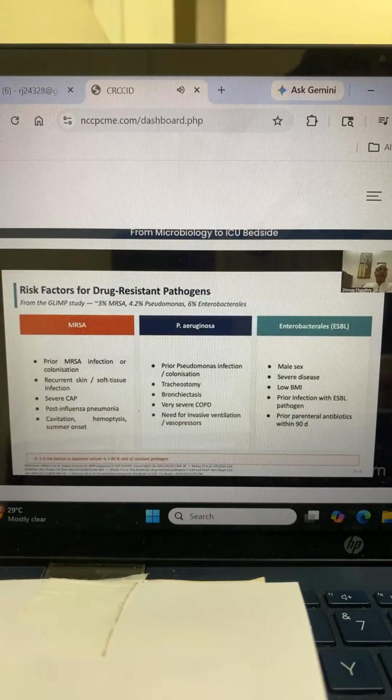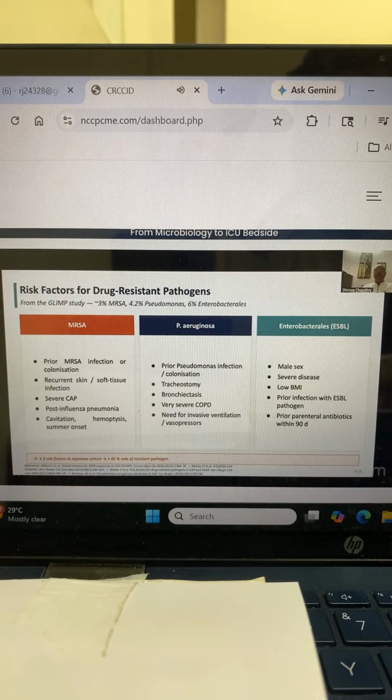Now, drug-resistant pathogens, when you start looking at them: prior MRSA infections, recurrent skin or soft tissue infections, severe community-acquired pneumonia, and along with it, pneumatoceles, or a viral illness, especially influenza, in the post-influenza setting, you need to look at it. Commonly on X-ray you will see cavitation, hemoptysis could be there, or abscess or pus formation.